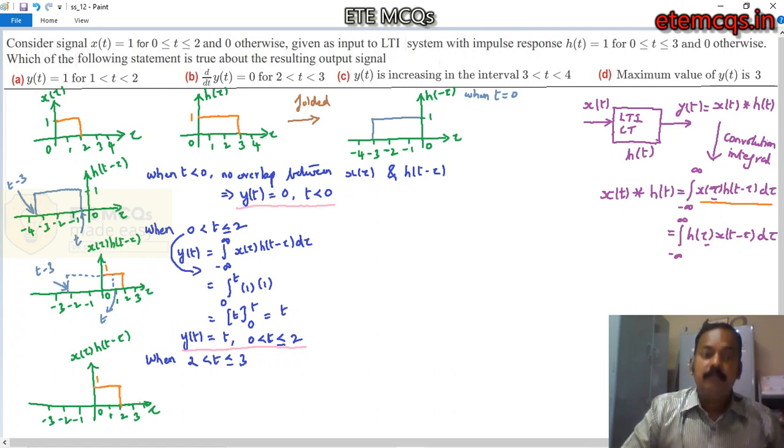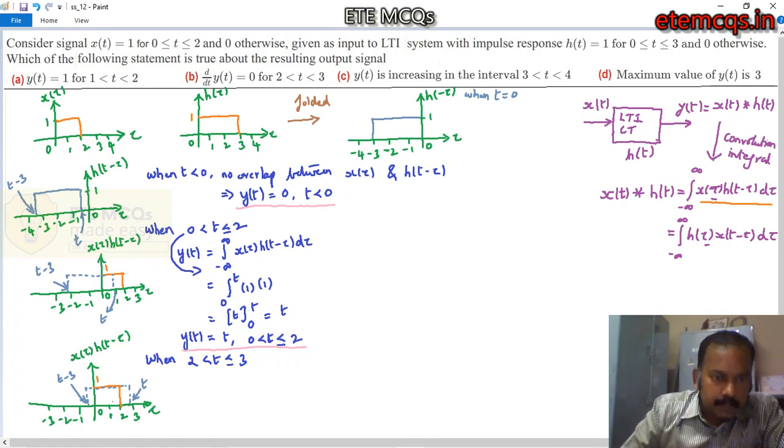Now t is somewhere between 2 and 3. So if it is somewhere between 2 and 3, t minus 3 will be somewhere between 0 and minus 1. So this instant is your t. This is t minus 3.